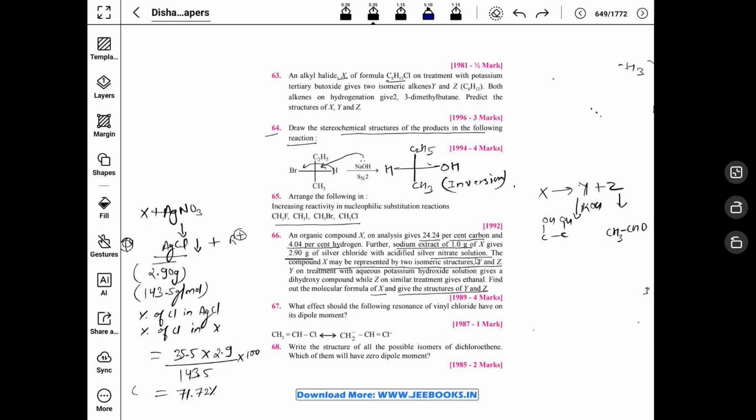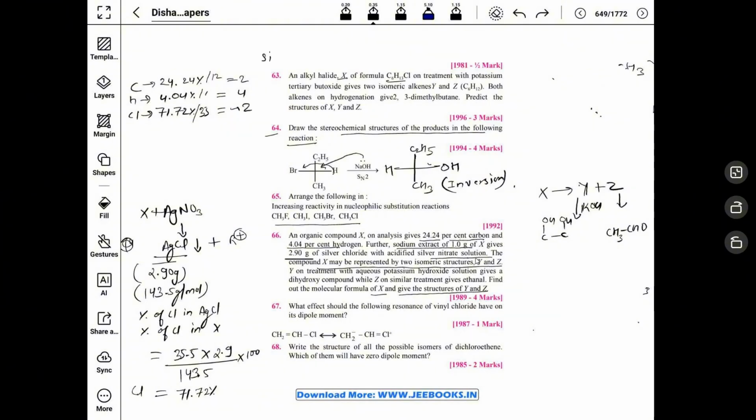So this is the percentage of chlorine, and we know the percentage of carbon. Carbon percentage is 24.24, hydrogen percentage is 4.04, and now chlorine is 71.72%. So divide them by their atomic weights, then you will get the relative number of atoms. Dividing by the atomic weight, carbon will be 24.24 divided by 12, which is around 2, hydrogen will be around 4, and chlorine 71.72 divided by 35.5, which is around 2.